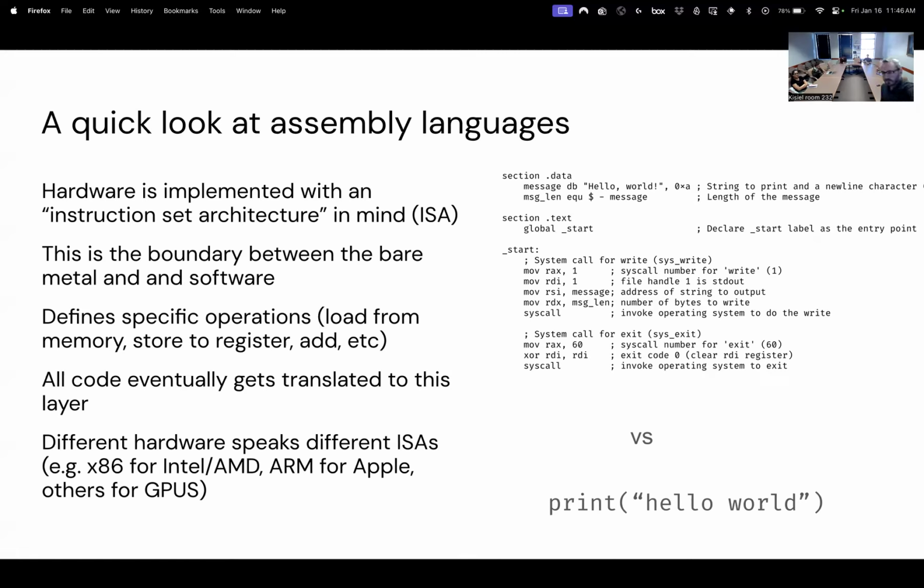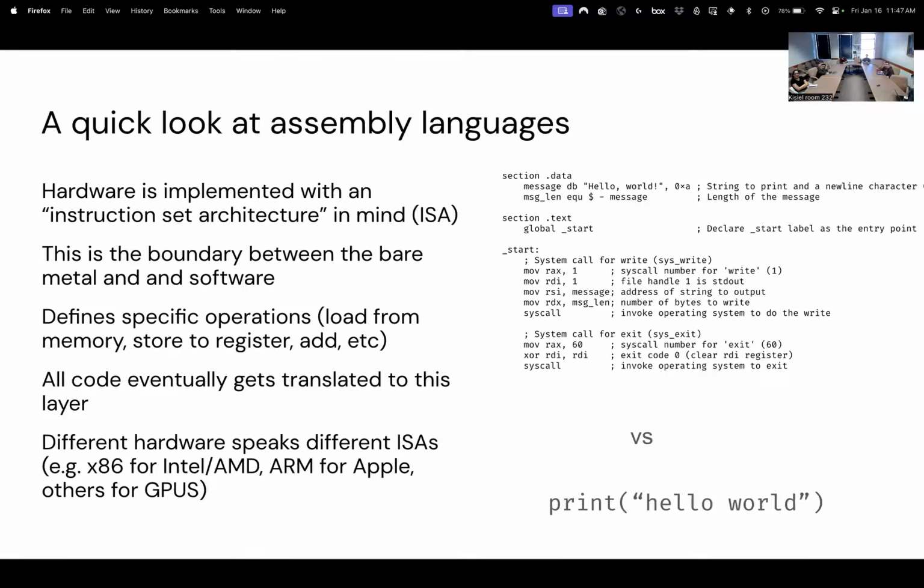So this is a comparison between Python and x86, which is your Intel AMD computer. This is the instruction set language, where if you wanted to print hello world, it does have some capacity for higher level things, like it knows what a string is, but you have to really define it. And you have to know this 0xa is the actual memory location where it's going to go, so it's a specific place on the hardware.